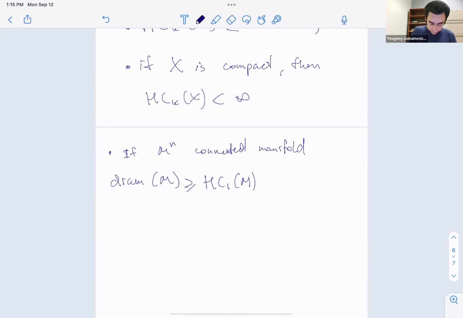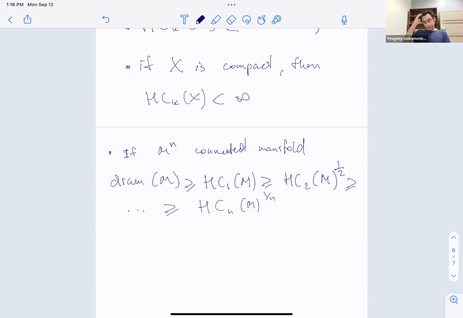So let's say M is n-dimensional, and then it's bounding from above the square root of the second Hausdorff content, and so on, all the way to the nth Hausdorff content to the power of 1/n, which is greater or equal to the n+1st Hausdorff content, which is just equal to 0.